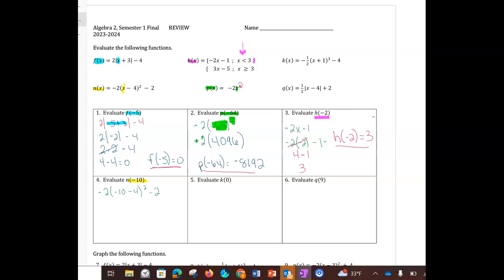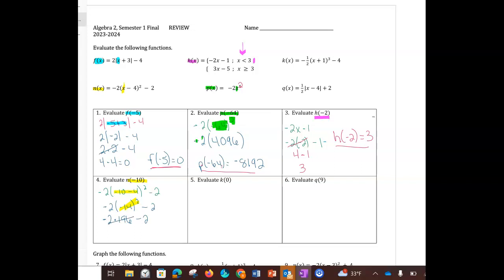All right, order of operations, I will do what's in parentheses first. So negative 10, take away 4, gives me negative 14. Then I do my exponent, so in parentheses, I will take negative 14 and square it, and that gives me 196.